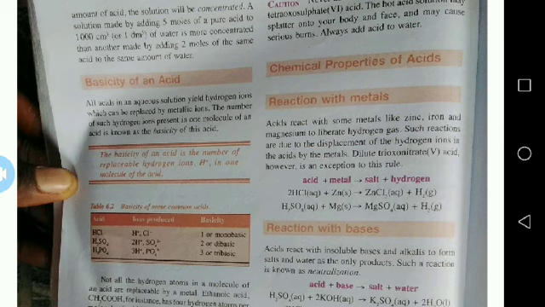Diluted trioxonitrate 5 acid, however, is an exception to this. So acid plus metal will give us salt plus what? Hydrogen.